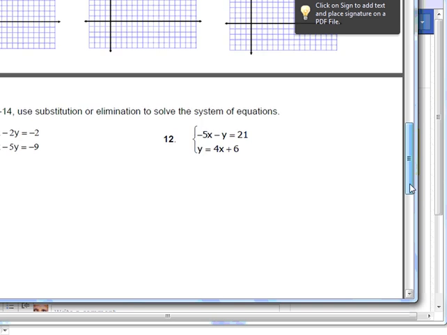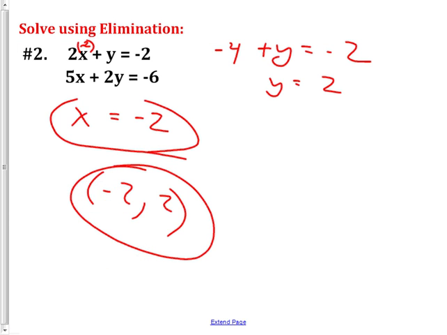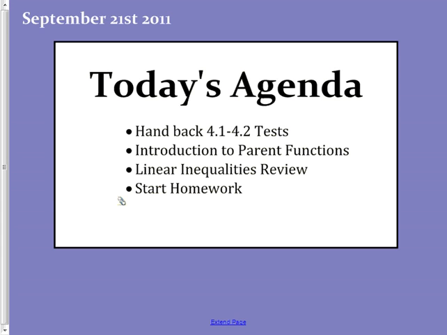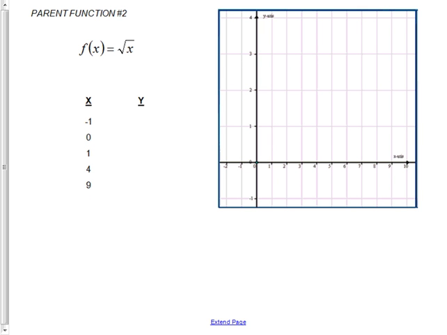All right. I'm going to take 2 seconds and talk briefly about parent functions because I know some kids are assigned that today in their classes. Let me explain it to you. I think you'll get it. You've seen parabolas before, haven't you? They go like that. But have you seen the square root function before?